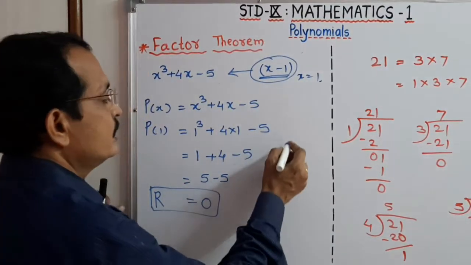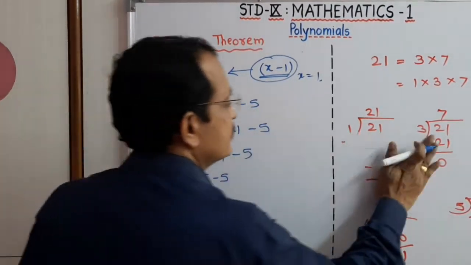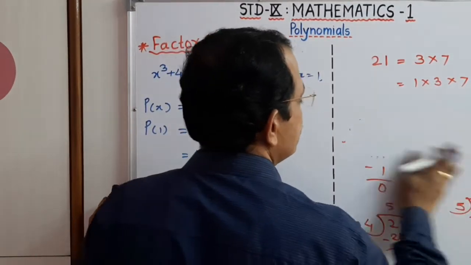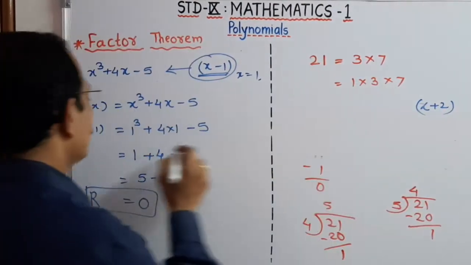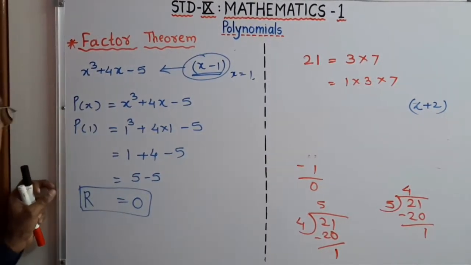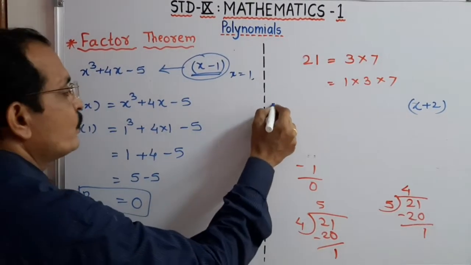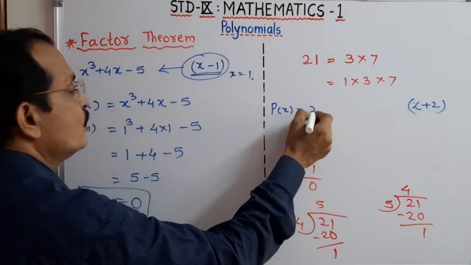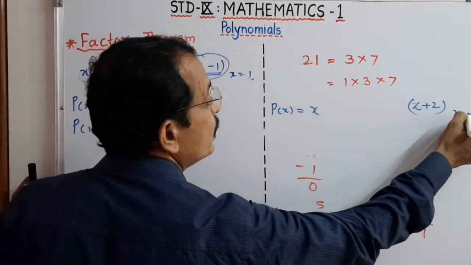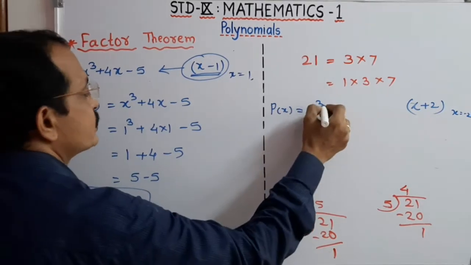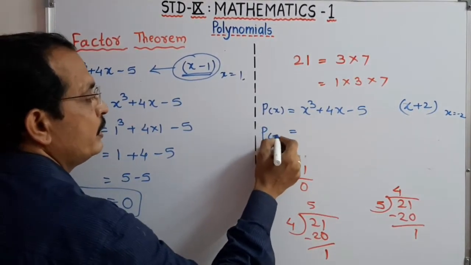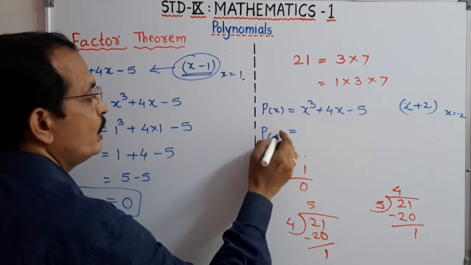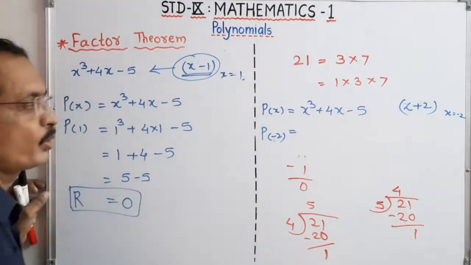So, dear student, suppose we have to decide whether x plus 2 is a factor of this polynomial or not. Then what we have to do? We have to find out the value of p(x) for x is equal to minus 2. Very good. x cube plus 4x minus 5. Now p(minus 2), we have to find out the value of the polynomial for minus 2.